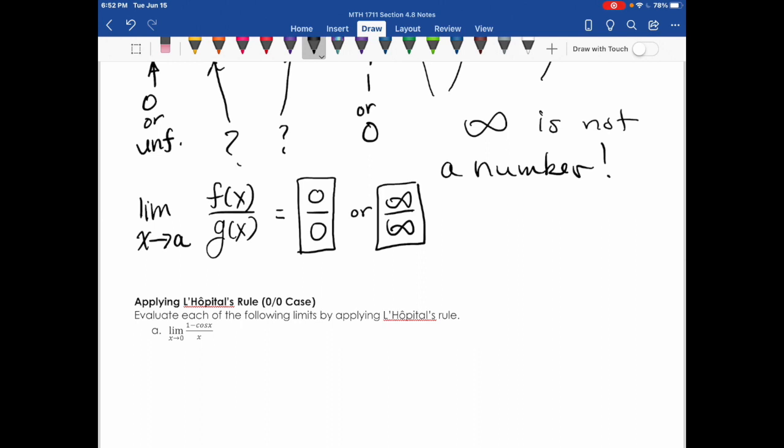And L'Hopital's rule says you can take the derivative of f and divide it by the derivative of g and then take the limit. So here's L'Hopital's rule.